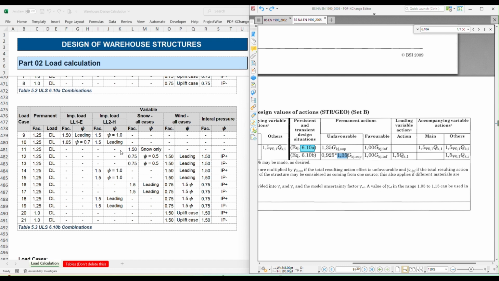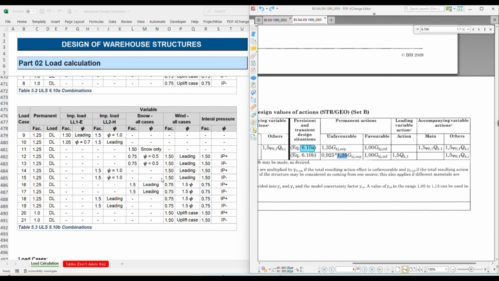Similarly, for the main variable load, that is the leading variable load, we have considered snow, it is 1.5. And here when combined with the wind we are reducing this with a reduction factor, as we are considering the snow as an accompanying variable load. So 0.5 into 1.5 as a variable load factor, we are getting 0.75.